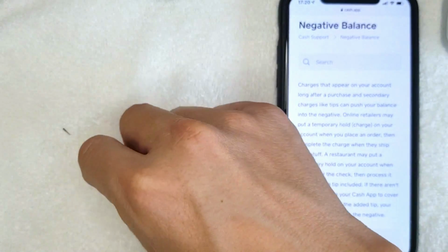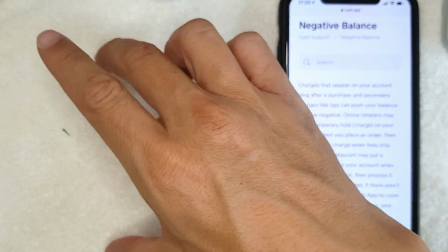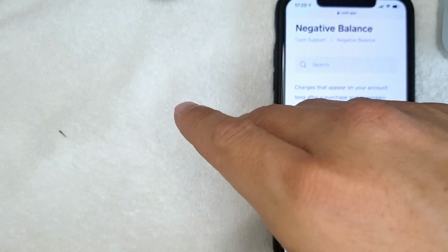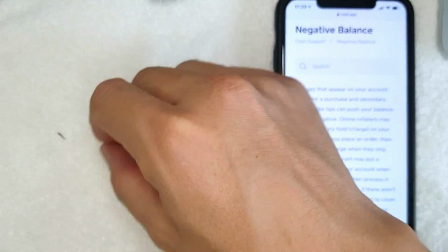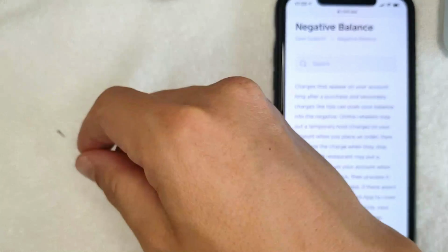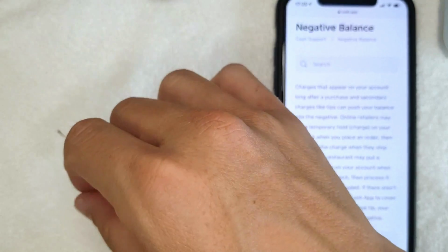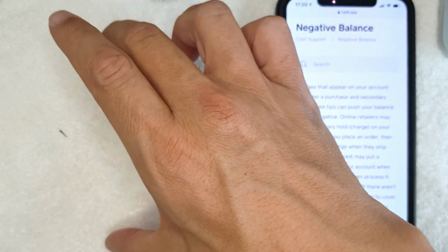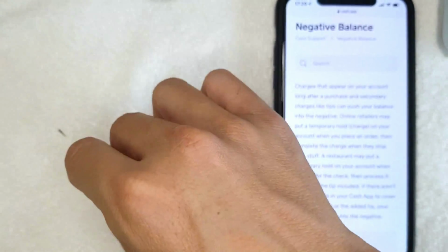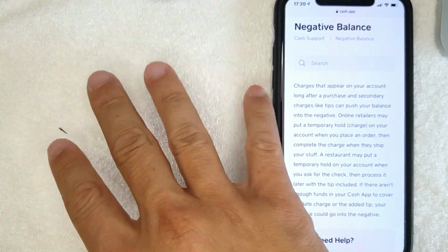However, when you write $5 on the little receipt, that means the transaction was actually $30, which is more than the $25 that you have inside your Cash App. What happens later with the written receipt is that the restaurant will let Cash App know that the transaction should not be $25, it should actually be $30. So they're going to push that authorization through, and since they have the signed written receipt from you, it's going to be okayed by Cash App.